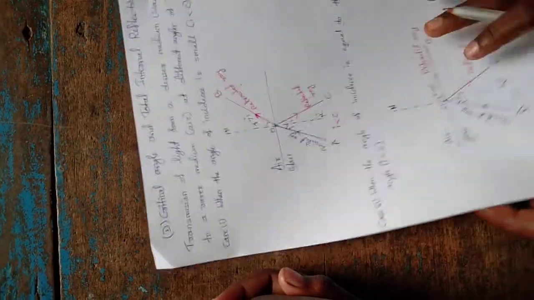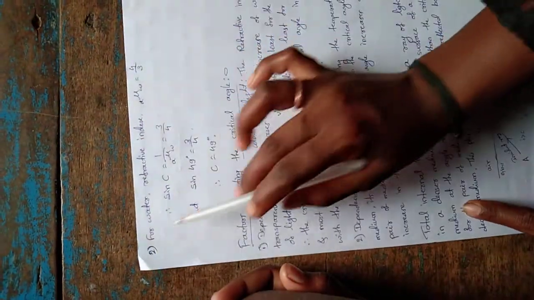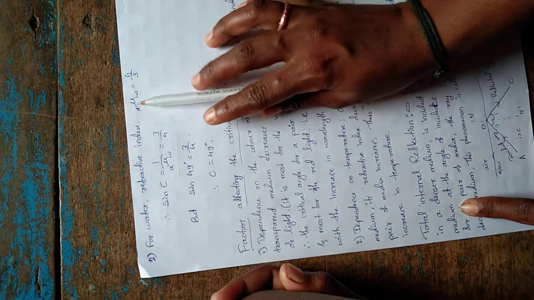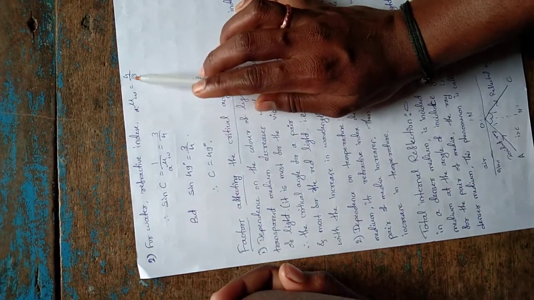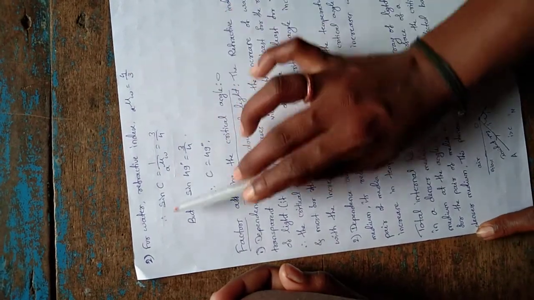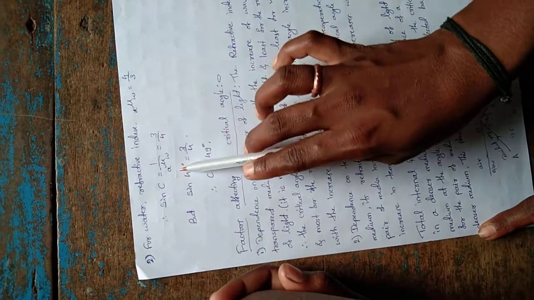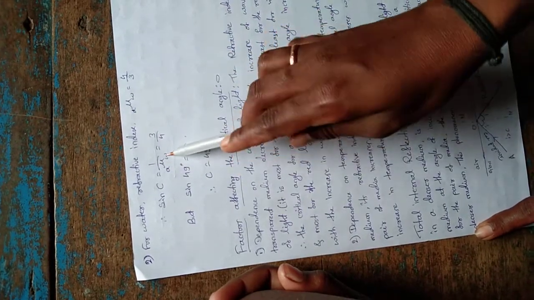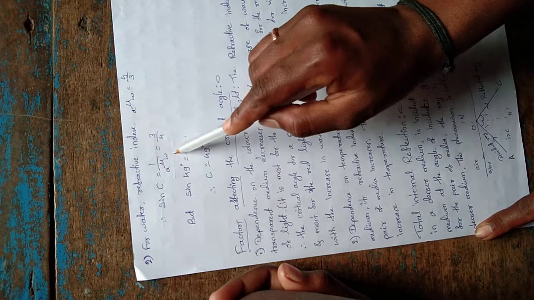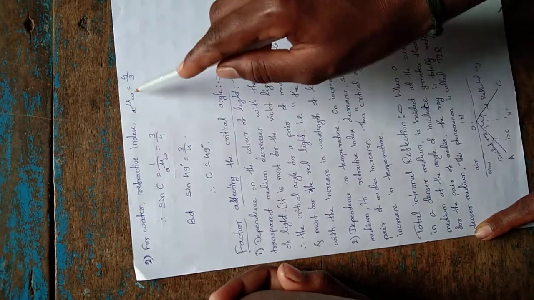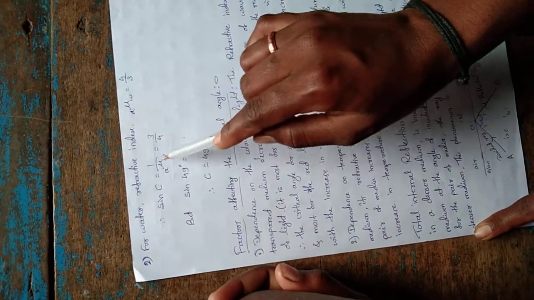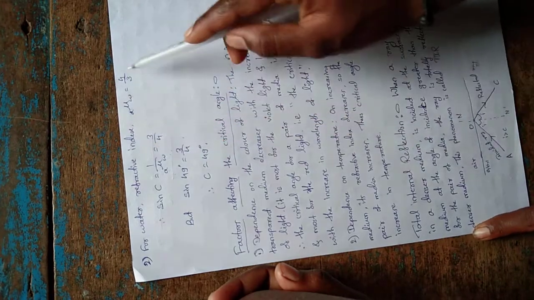Next example, for water, refractive index mu AW is equal to 4 by 3. Then sin C is equal to 1 by mu. In the earlier example we took Ag, but here the media are water and air, so we should take mu WA, which is 4 by 3.